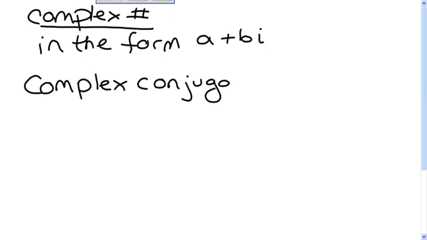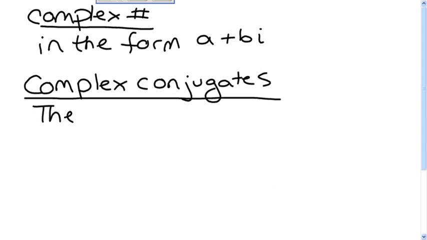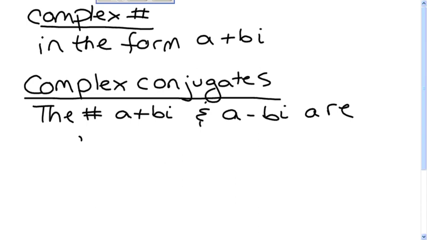Now, I think this is the first time we've actually talked about conjugates in this class. They come from your quadratic formula, part of it at least. So the numbers a plus bi and a minus bi are complex conjugates.